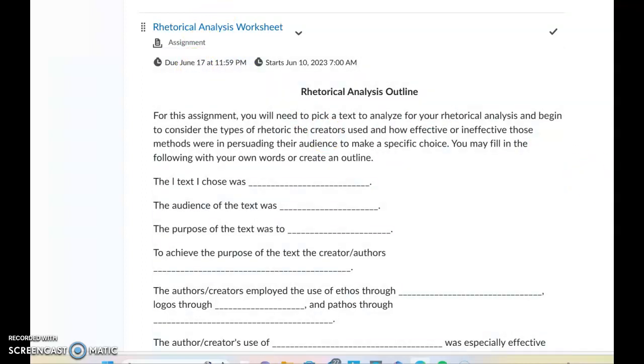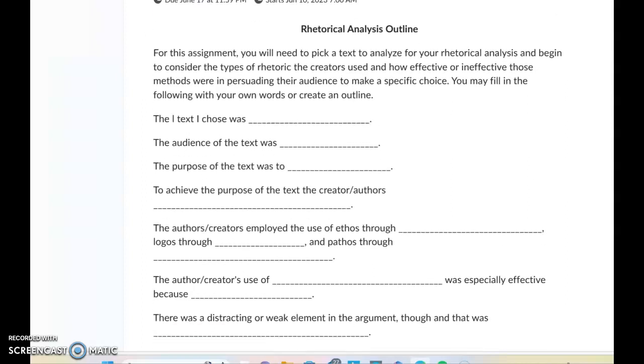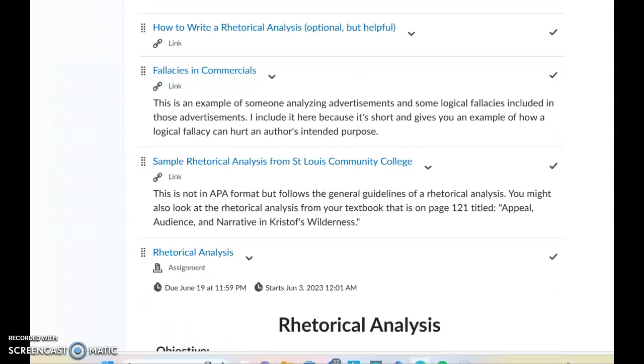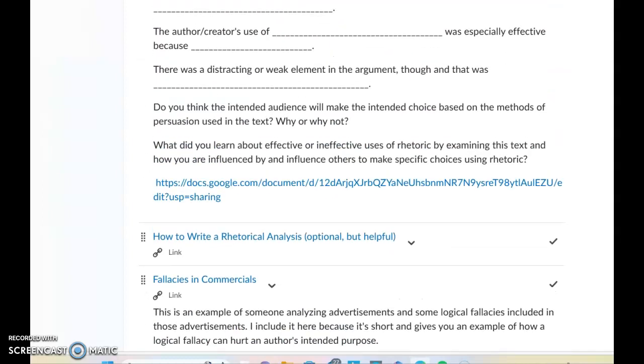So that's kind of to help save you, so I know that you've at least touched on it before your paper gets turned in. And then again, I have a Google Doc down here if you want to copy and paste, and you can just do an outline and make sure you mention all these specific topics if you'd rather do an outline.